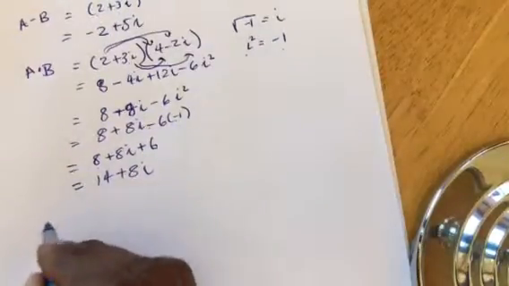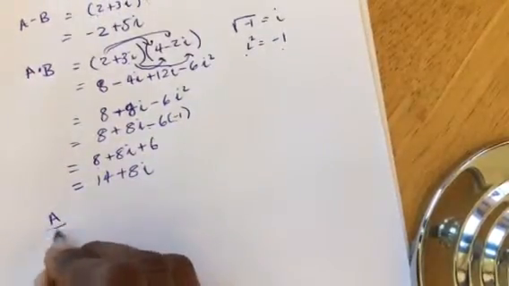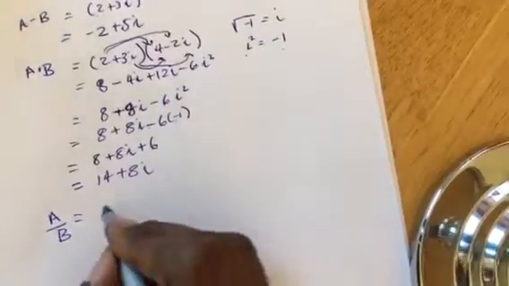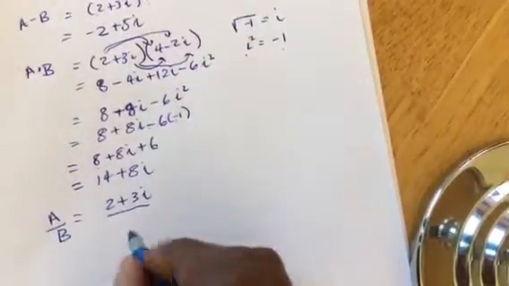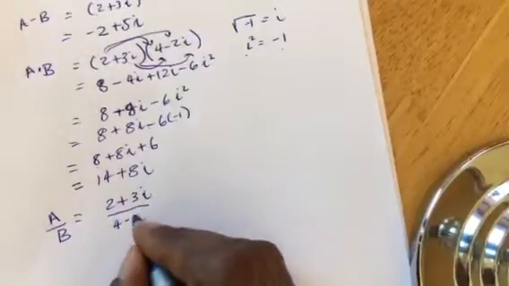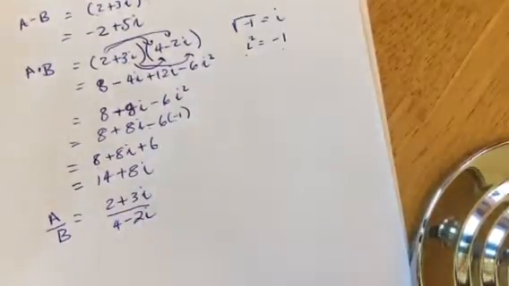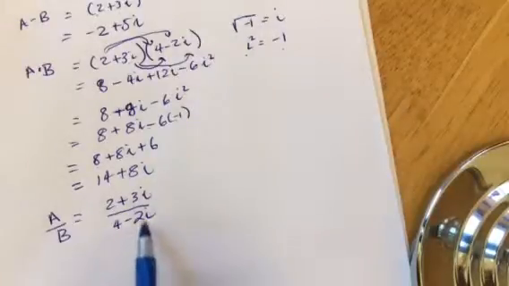Now the next part we'll do is the division, A divided by B. So the A is 2 plus 3i divided by the B, which is 4 minus 2i. So here we will do what's called the conjugate, because you cannot have the i in the denominator.